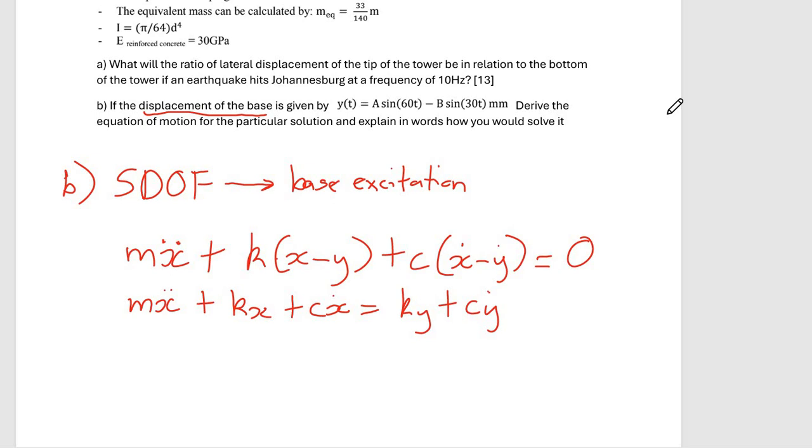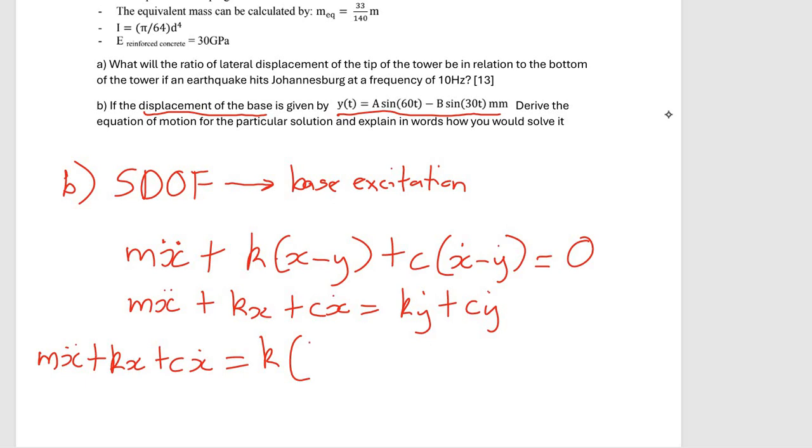So what does that mean? What it simply means is wherever there is a y, we are going to substitute this particular value, and wherever there is a y dot, we're going to substitute the derivative of y(t). So if I rewrite it here, kx plus c x dot is equal to k, then open bracket, and where there is a y, we're going to put in what is given in the question.